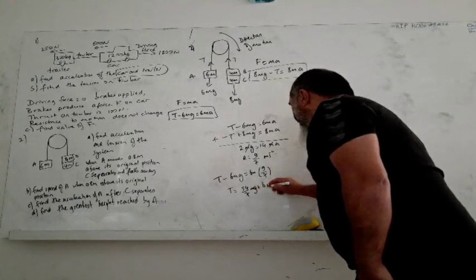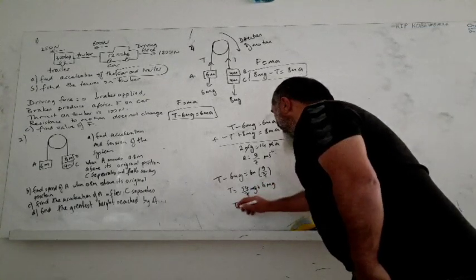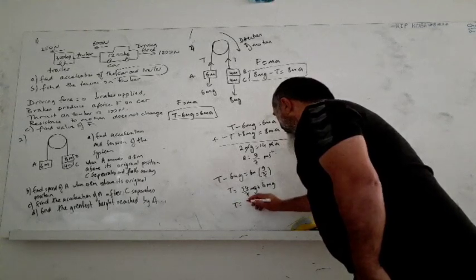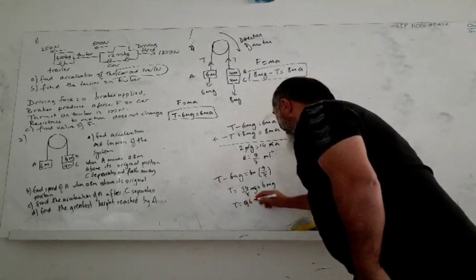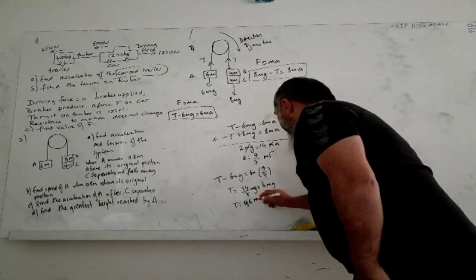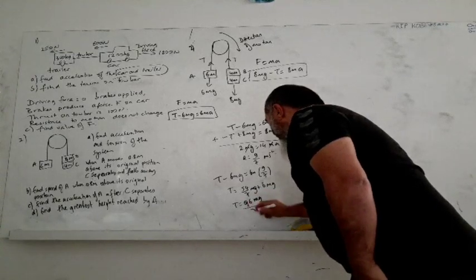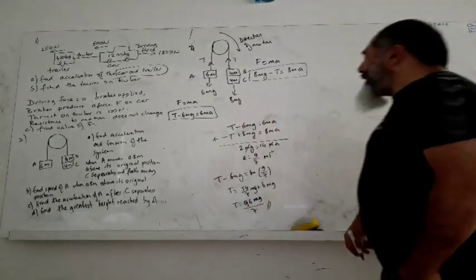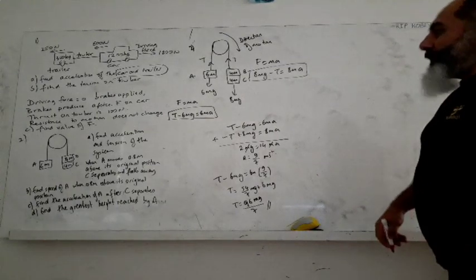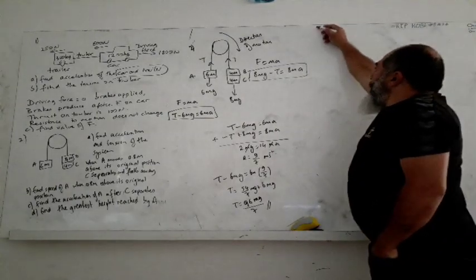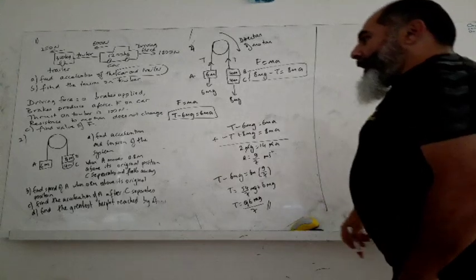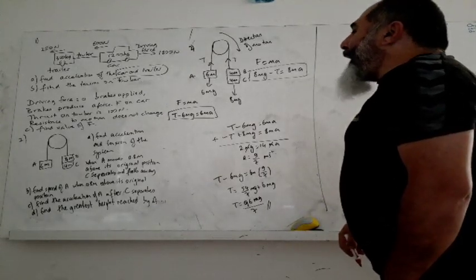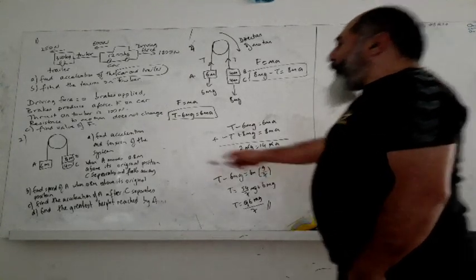That makes 48mg over 7. This is the tension in the string. This is the answer for part A of question 2.